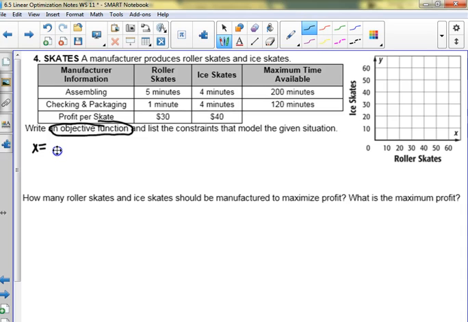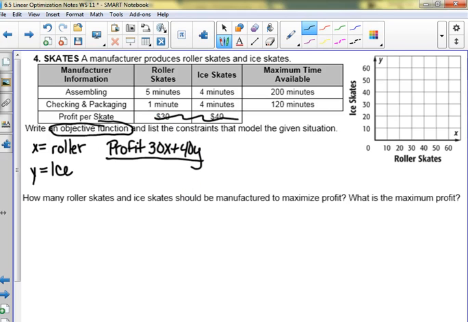Oh, not just skates. Okay. X equals roller skates and y equals ice skates. All right. What is our profit? Okay. That's our profit. You can write f of x. Yeah, whatever. Now we got those numbers out of the way.